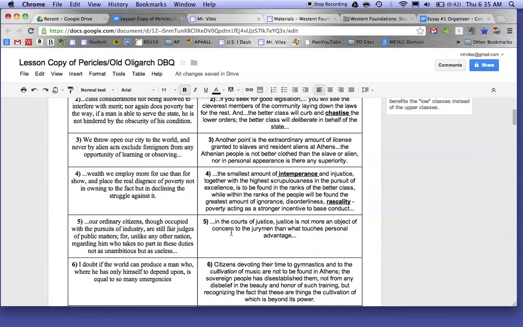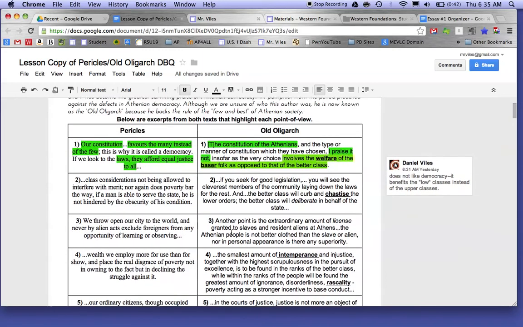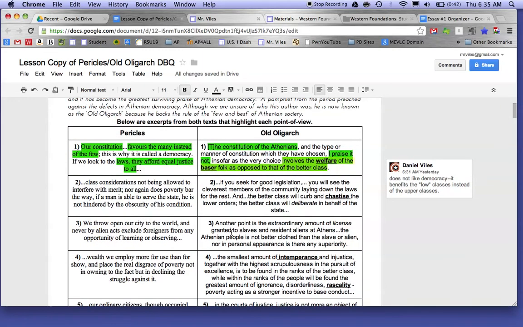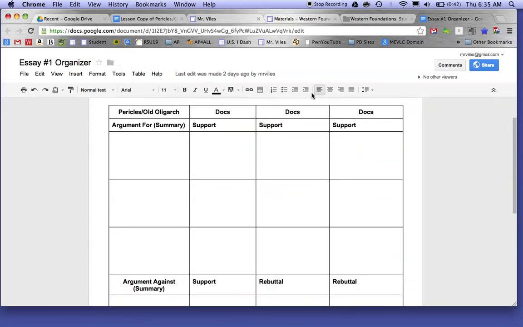And so when you look at these two columns and what you've highlighted, you have to think first what you agree with. Once you know who you agree with, you would come back here, and let's say we agree with Pericles. I'm going to take Old Oligarch right out. I could cross him right out.